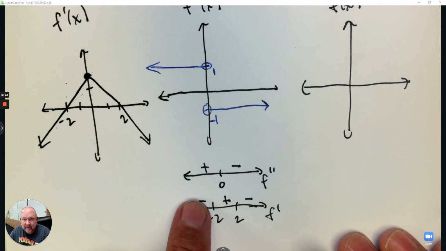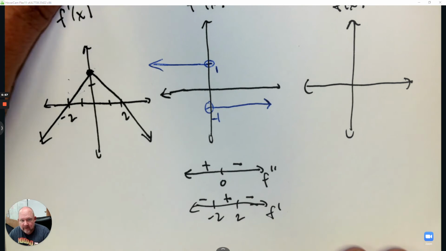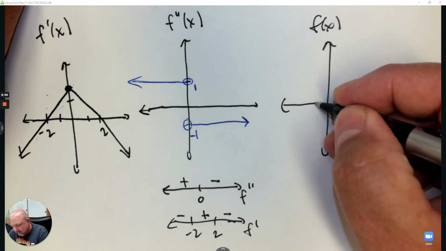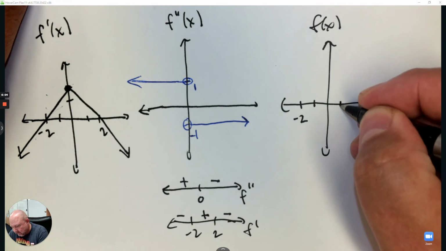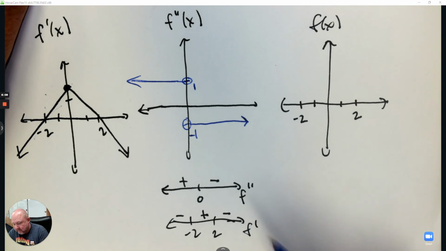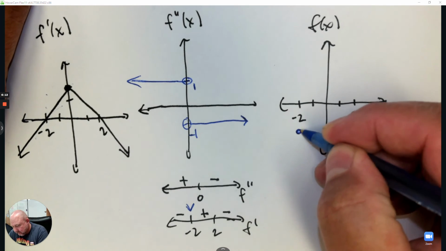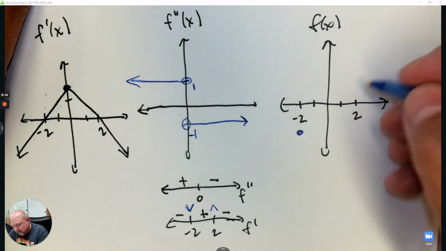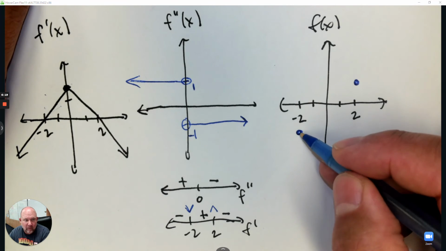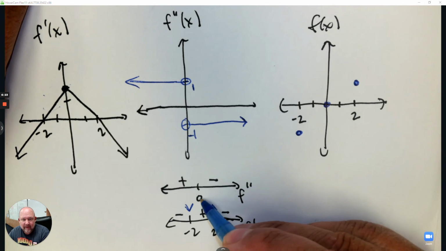This describes decreasing, then increasing, then decreasing. On our graph, I don't know where the intercepts are, so I'm not worried about that. But I do need to know where negative 2 and positive 2 are. If I look at this number line, there's a minimum at negative 2 and a maximum at positive 2. I don't know where the minimum or maximum is, but I do know one is lower and one is higher. And then at 0 is a point of inflection.